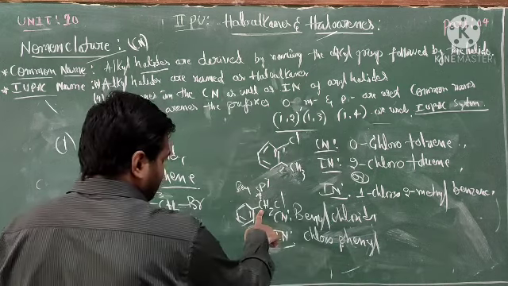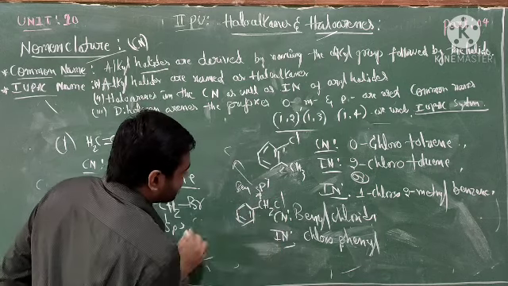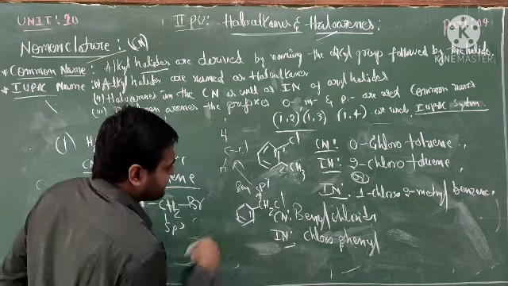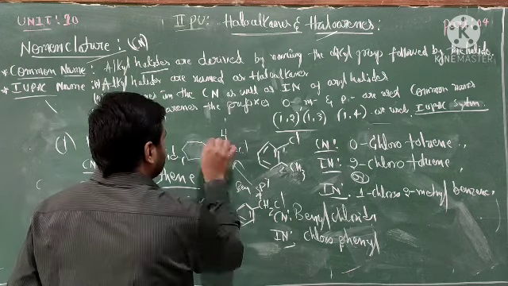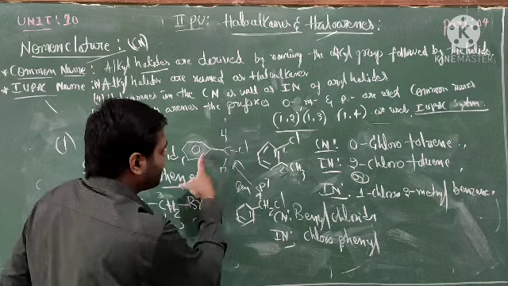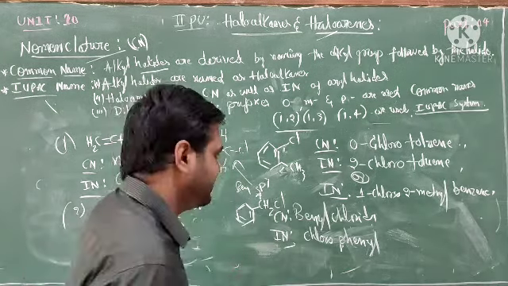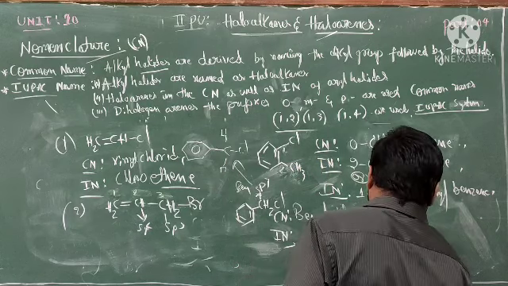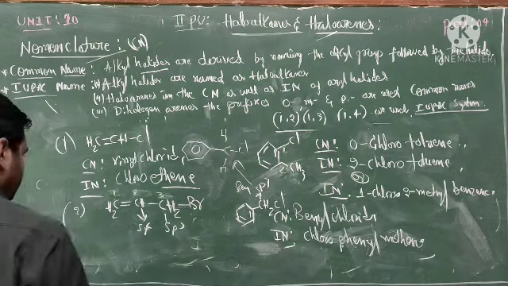Look at this example: this carbon has H, H, Cl, and the benzene ring. The carbon is attached to 4 groups, so it is methane. Chloro, phenyl, methane. This is the IUPAC name of this compound.